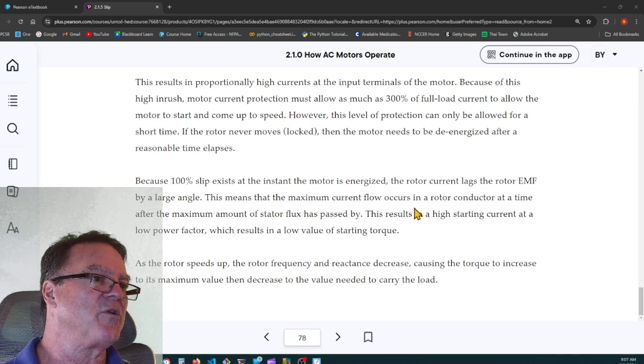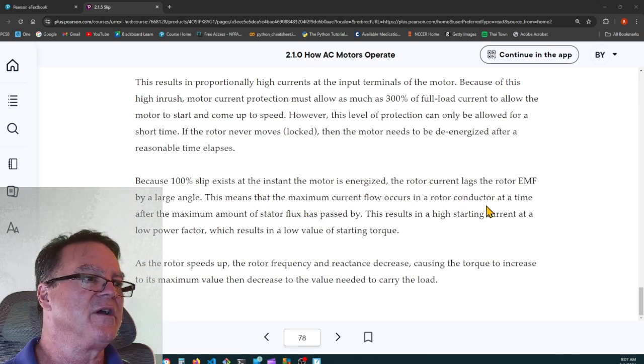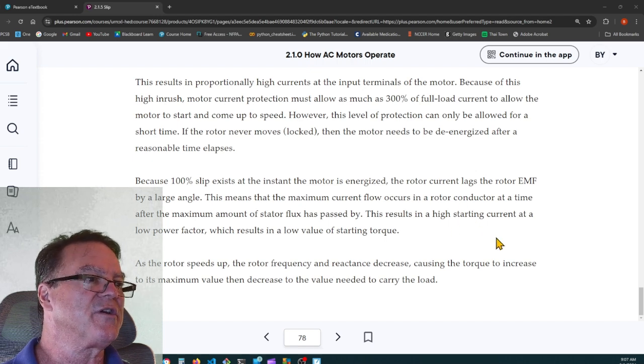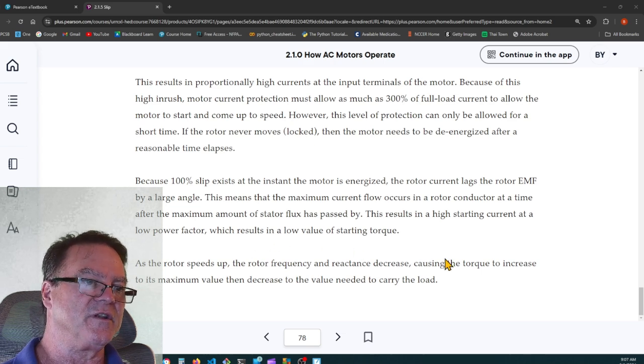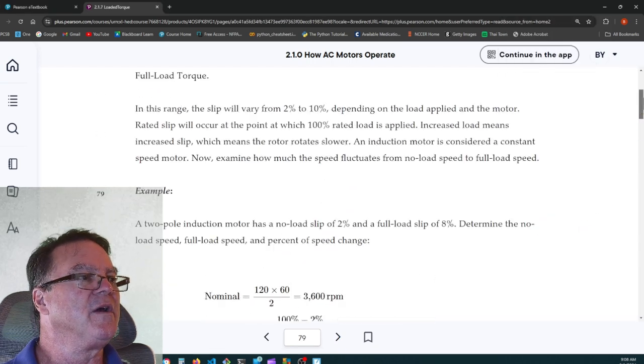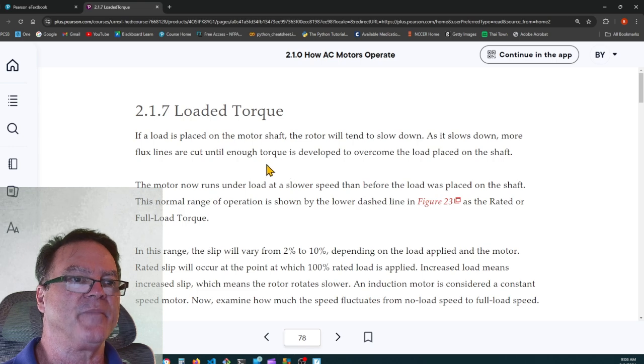This means that the maximum current flow occurs in a rotor conductor at the time after the maximum amount of stator flux has passed by. This results in a high starting current at a low power factor, which results in a low value of starting torque.